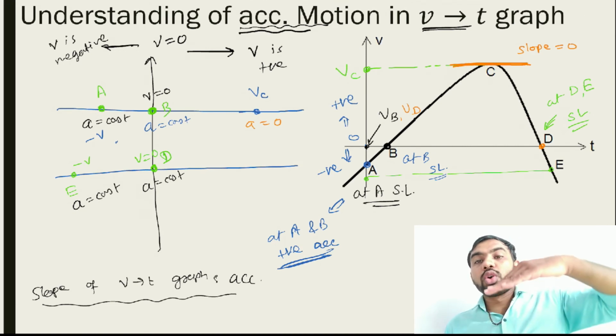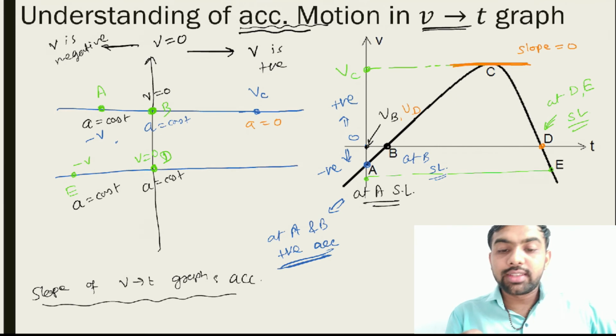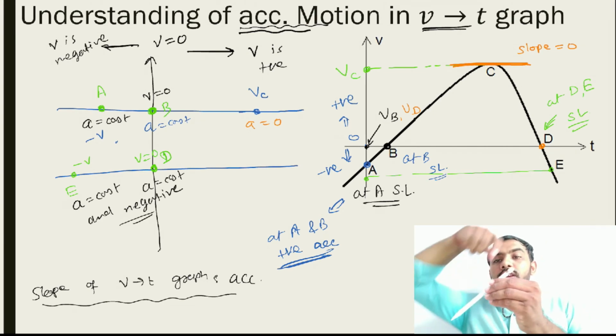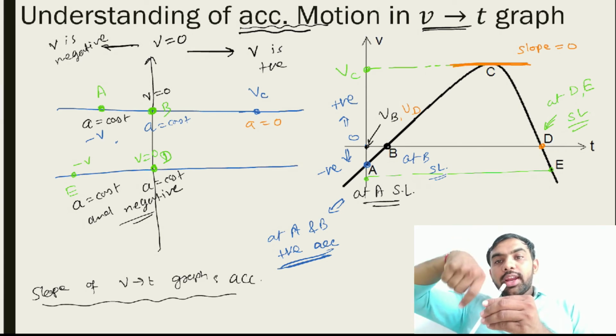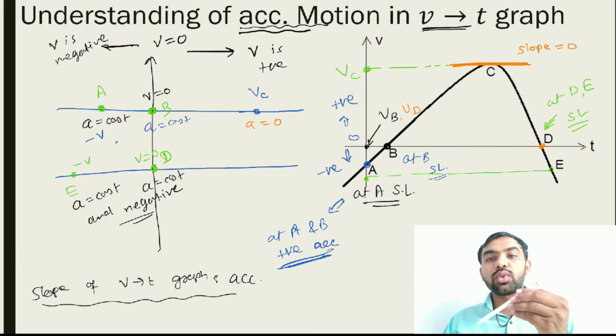But both slopes are straight lines and negative slope, so acceleration is constant and negative. मतलब दोनों की जगह पे स्लोप कैसा है? देखो, स्लोप इज डाउनवर्ड साइड, slope is along the negative direction. So this negative slope means a is constant and negative.